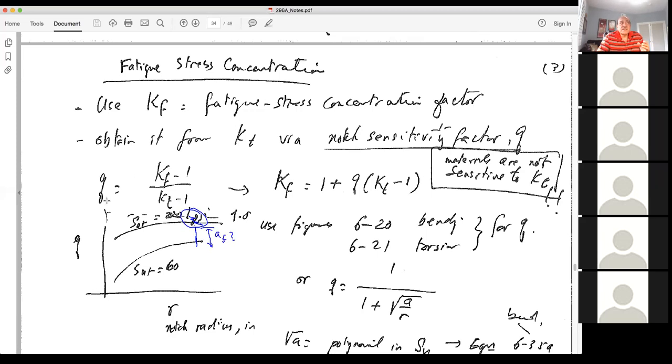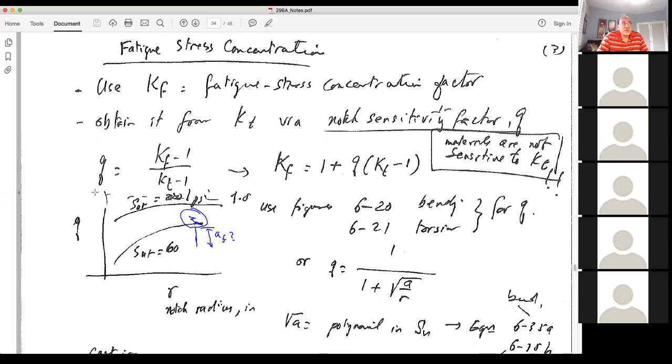The notch sensitivity factor Q is the deviation of K fatigue from 1 over K theoretical from 1. In other words, we can obtain KT from the charts, and if we know the value of the notch sensitivity factor, which depends on the material, then we can determine immediately the stress intensity factor under fatigue conditions.